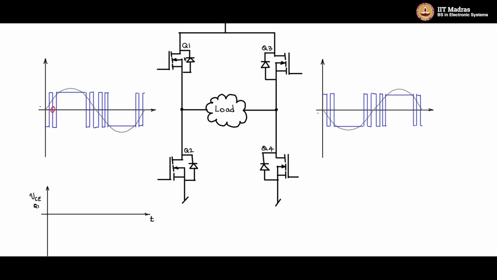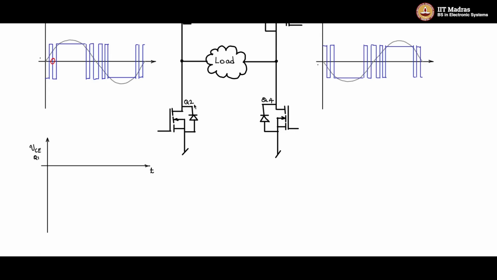It could be an IGBT, you are talking of collector emitter and the base, or it could be a MOSFET, drain, source, gate. So that's what I mean by VCE here. It means the collector emitter or the drain source voltage of Q1 and collector emitter or the drain source voltage of the power semiconductor switch connected for Q2. Okay, so let us see what happens.